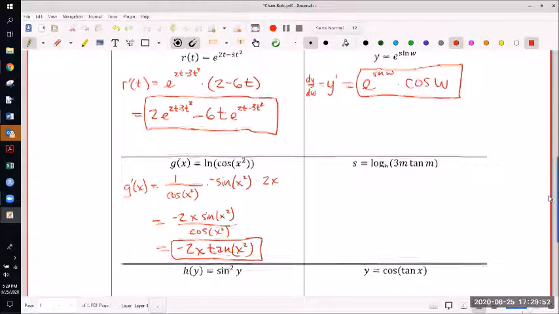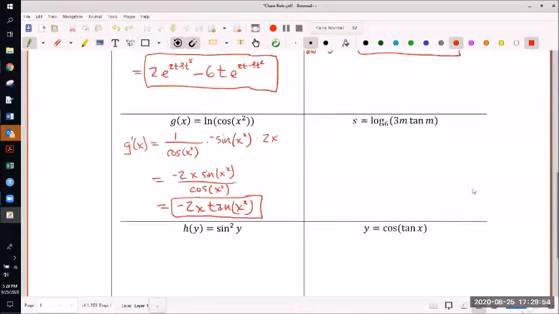Okay, I have a logarithm here with a base of 6. So s prime is going to be the derivative of this logarithm. Log base 6 is going to be 1 over the natural log of 6 times 3m tangent m.